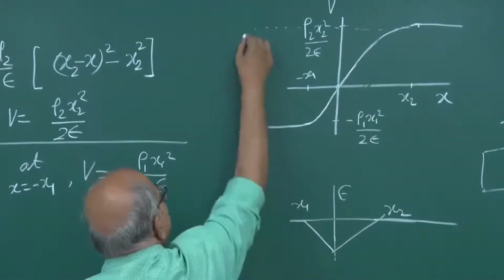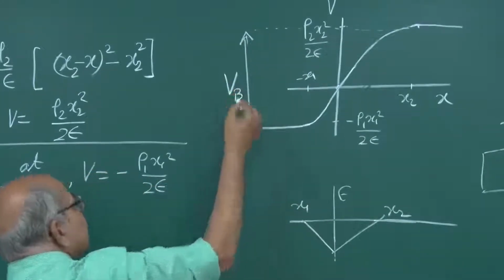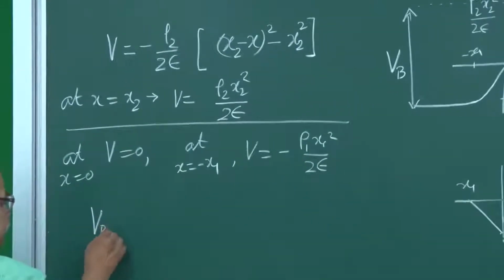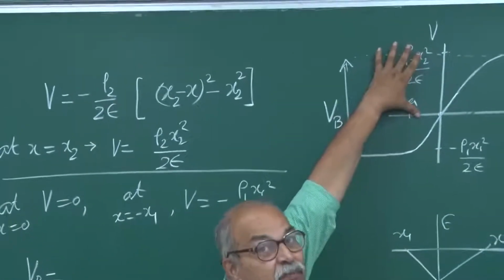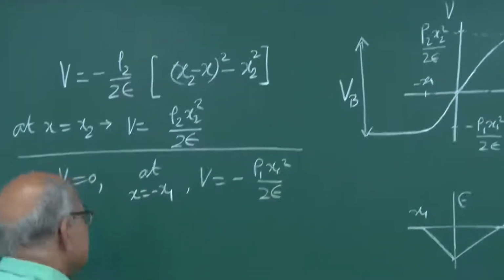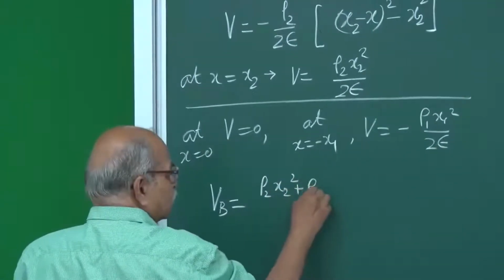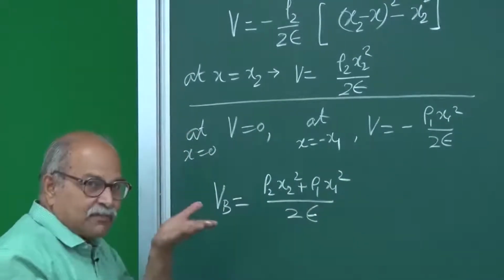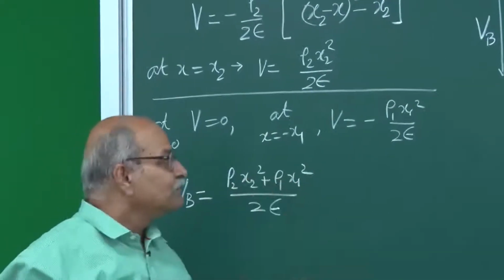You give some name to it, let's say call it VB. So how much is that VB? That VB will be rho 2 x2 square by 2 epsilon plus rho 1 x1 square by 2 epsilon. So VB will be rho 2 x2 square plus rho 1 x1 square over 2 epsilon. That's the barrier. It is in terms of rho 1, rho 2, x1, x2.